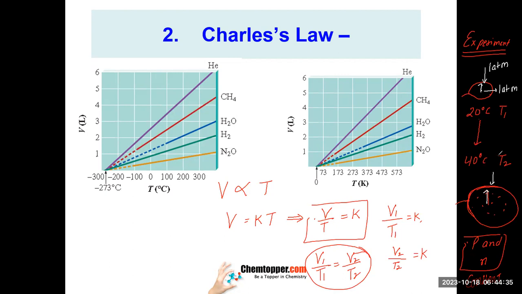When you raise the temperature to T2, what is the pressure outside? Still 1 atm. So what should be the pressure inside? 1 atm. So this 1 atm is not changing. So that is the reason volume has to increase. I'll discuss this part in kinetic molecular theory. Everybody is okay with this? Charles' law? Okay. And the graphs are okay?